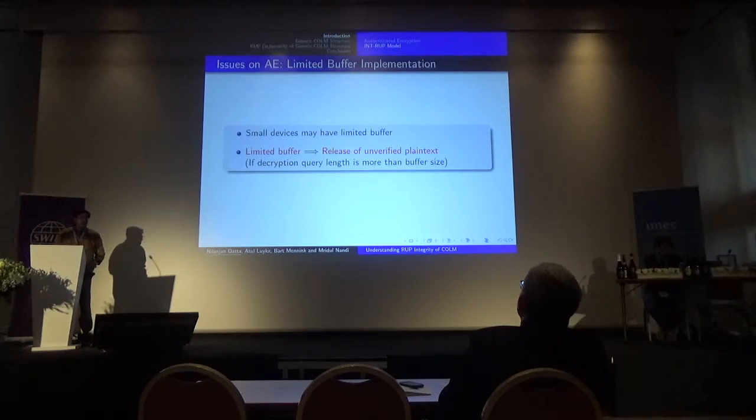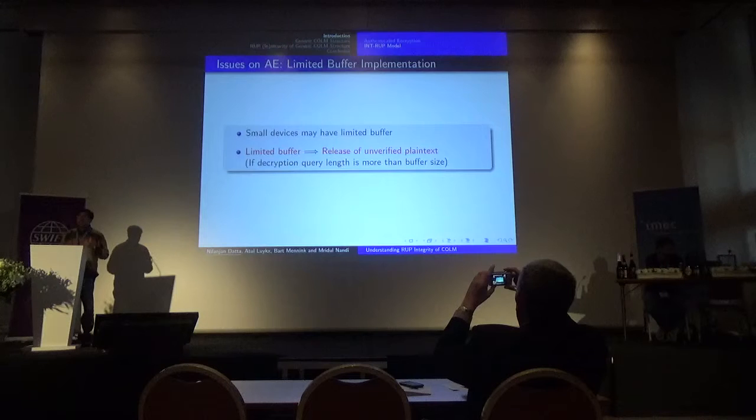Now, other than these two securities, there are many issues in authenticated encryption for some particular application-oriented restrictions, like limited buffer implementation. As we all know, small devices may have very limited buffer. In those types of scenarios, limited buffer essentially means release of unverified plaintext.